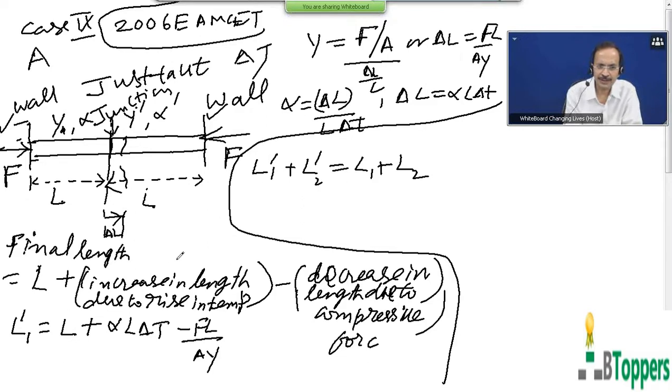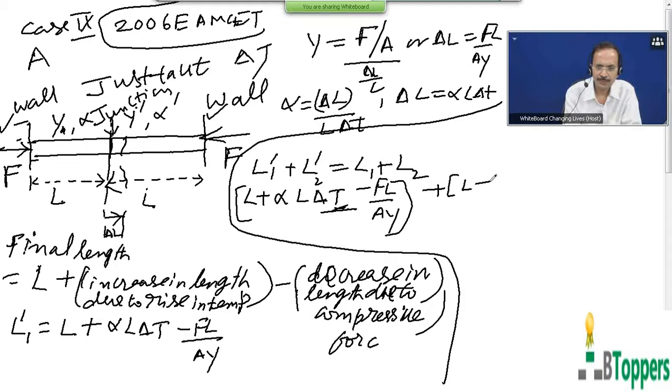So L1 dash you can write as L plus alpha into L into delta T minus FL by AY. L2 dash, the final length of the second rod, you can write as the original length L plus the increase in length of the second rod due to rise in temperature, alpha dash into L into increase in temperature.